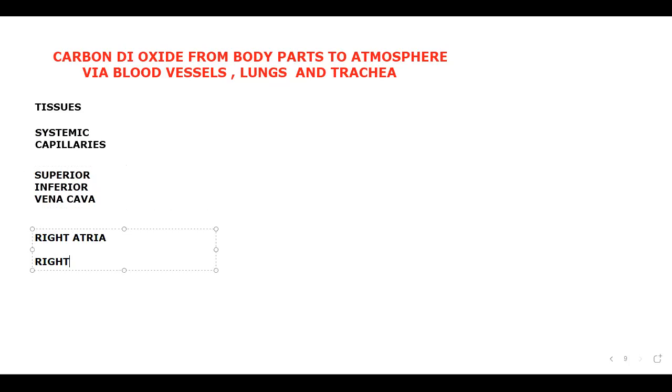Right atria opens into right ventricle. Right ventricle opens into pulmonary aorta. Pulmonary aorta opens into lungs. Came up to the lungs.